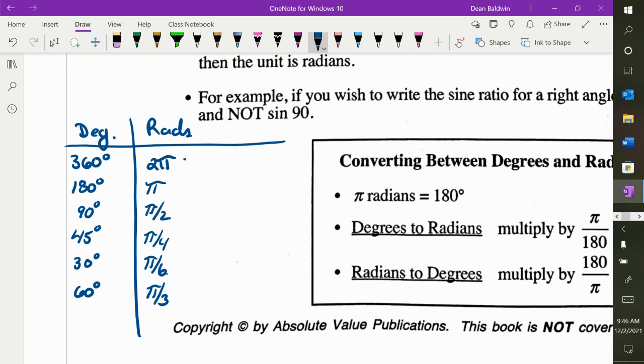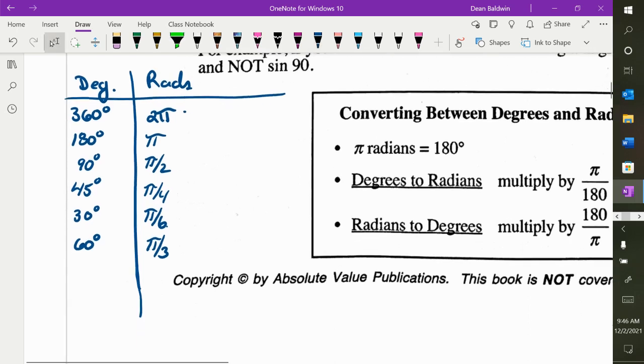All right, those are the basic ones, but there's others that we will use. So if I said 120 degrees, what is that in rads? Think of it this way. 120 is double 60, right? 2 times.